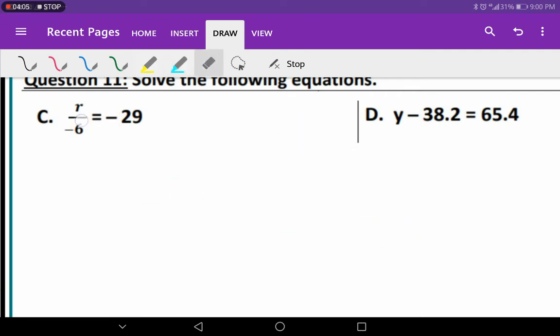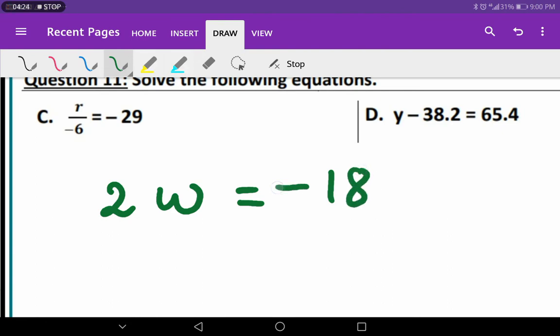Okay, let us take one more question about this lesson. If we have one like this, 2w equal, for example, 18 or negative 18. Okay, what do we have to do to make the w alone and happy?